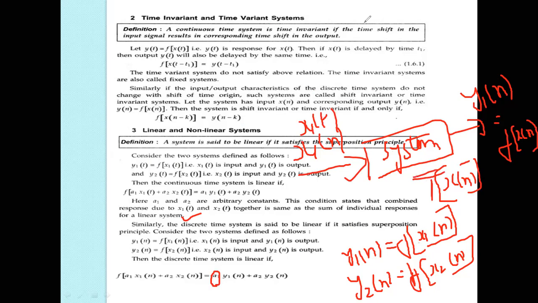Okay, my dear students. A system is said to be linear if it satisfies the superposition principle. Individually, you pass the signals to the system and then add the responses. That should be equal to the response obtained by adding the two signals before sending them to the system and then passing the sum through the system.